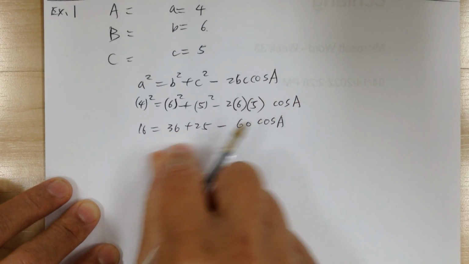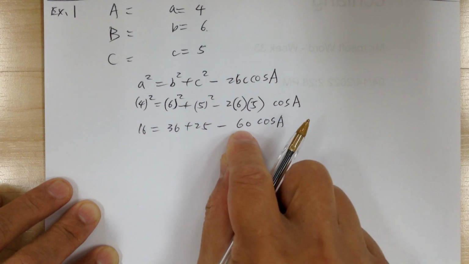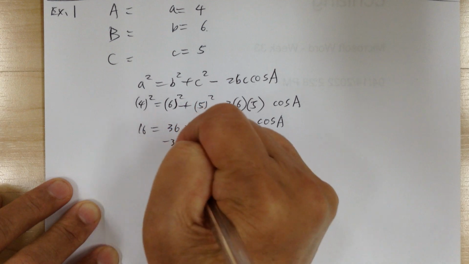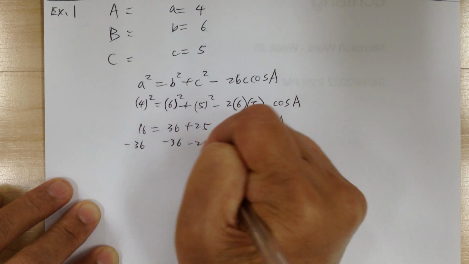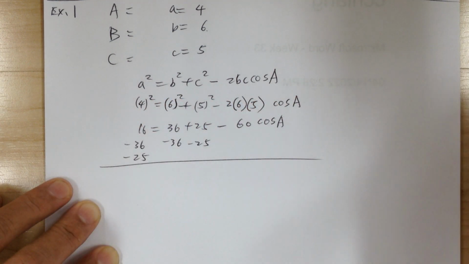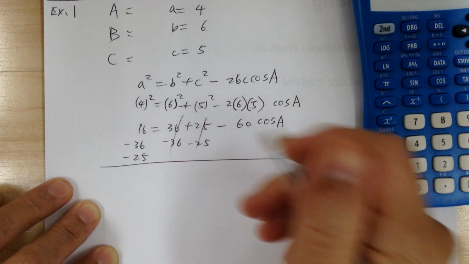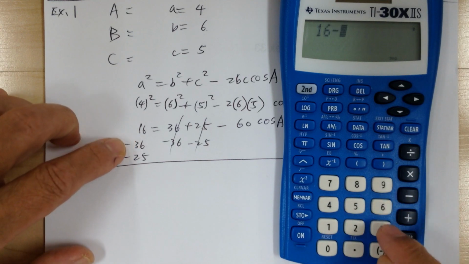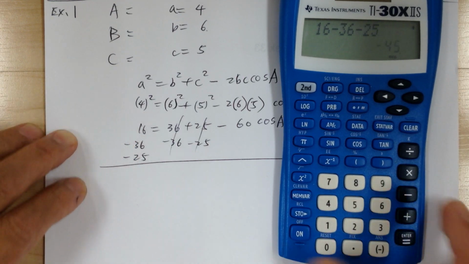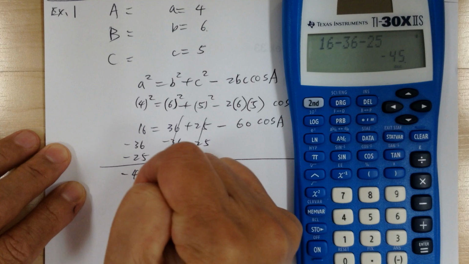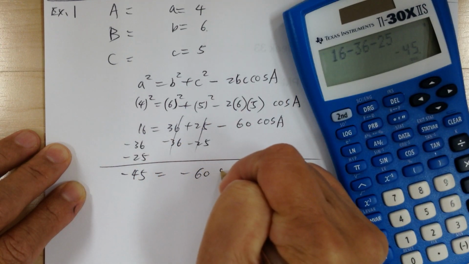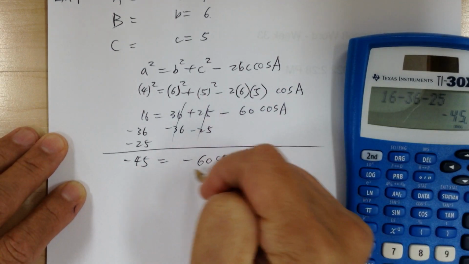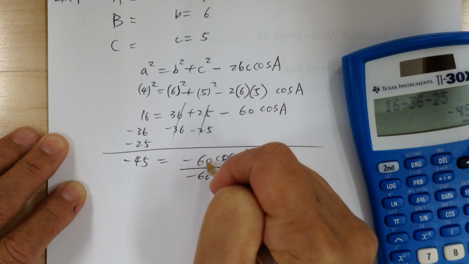Then you have to subtract these two to get over here. Do not subtract 60 first, because it is part of this term. So minus 36, minus 36, minus 25, minus 25. Use your calculator: 16 minus 36 minus 25, you get negative 45 equals negative 60 cosine of A. Then you divide by negative 60, because this is a multiplication.